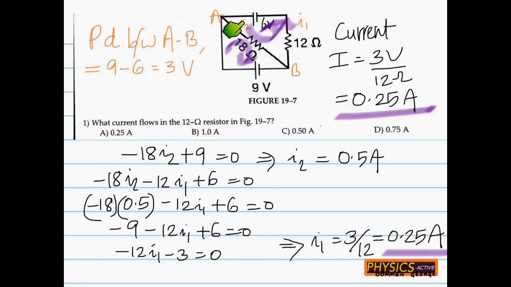And then in the top loop, going counterclockwise, you have negative 18 I2, negative 12 I1 plus 6 is equal to 0. Then substitute the value of I2 and solve. You would once again get I1 as 0.25 ampere.